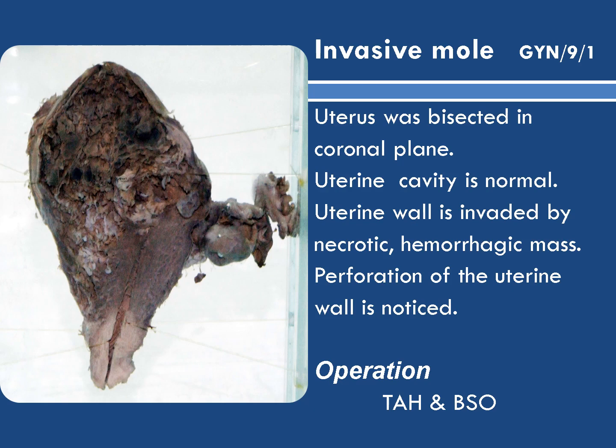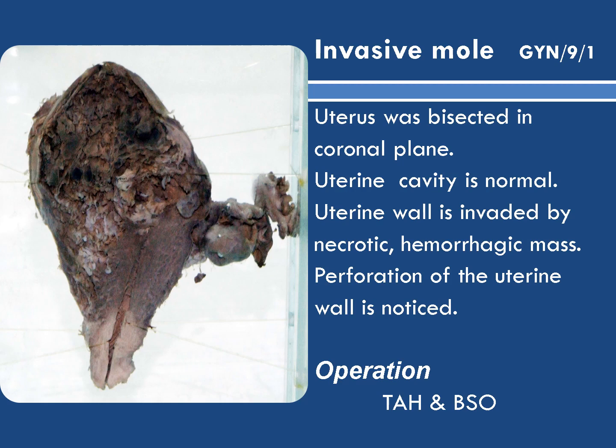This jar demonstrates a case of invasive mole. Invasive mole is also called chorioadenoma destruens. The uterus was bisected in coronal plane. Uterine cavity is normal, and the uterine wall is invaded by necrotic hemorrhagic mass.